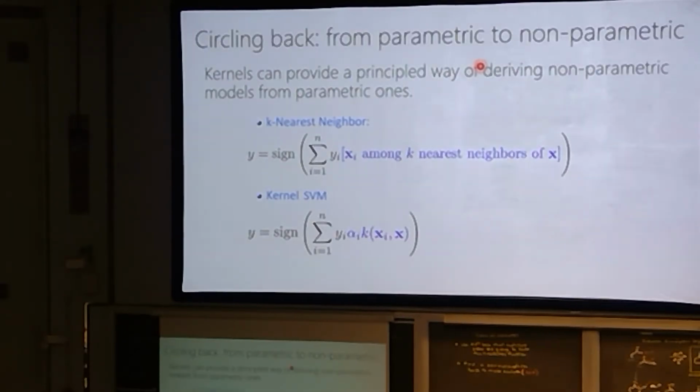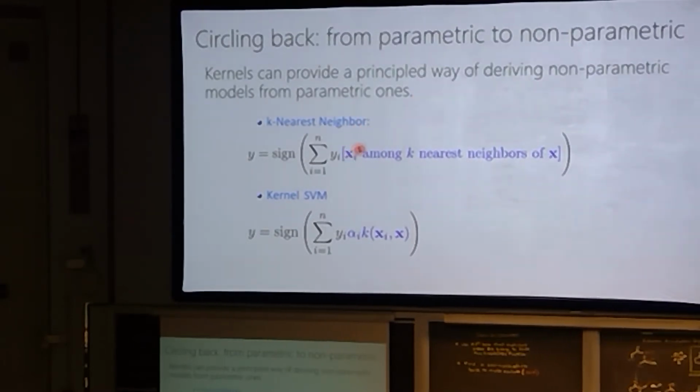Right, and so this is what I was saying, is the kernels can provide a principled way of deriving non-parametric models from parametric ones. K nearest neighbors is inherently a non-parametric model, and when you kernelize something, you're kind of turning it from parametric into non-parametric.